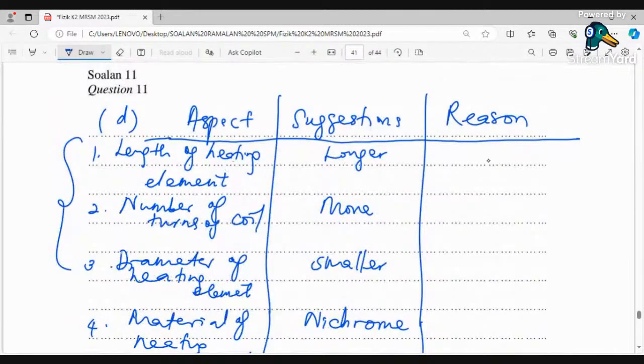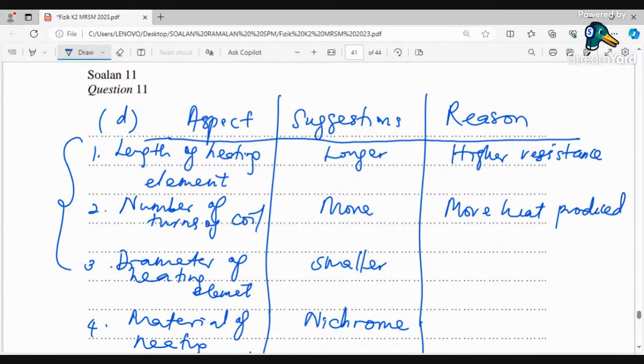Okay, length of heating element. Longer, because we want it to have higher resistance. Okay, you can repeat many times, it's fine. Okay, number of turns of coil. You can add others. More heat produced. Here you can also write higher resistance. Okay, nichrome has high resistivity.